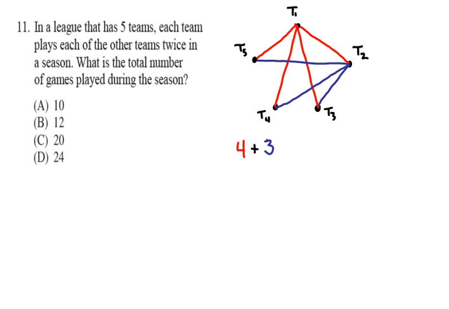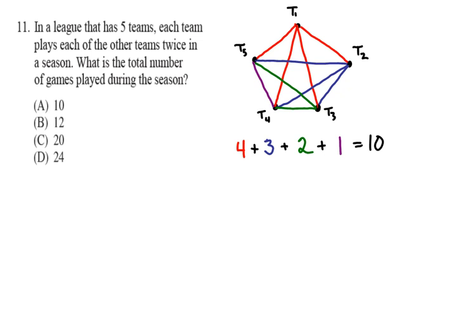Then team 3 plays team 4 and team 5, since they've already played team 2 and team 1, so we add 2 more games. Finally, since team 4 has already played team 3, team 2, and team 1, they just need to play team 5, so we add 1 more. And what that comes out to be is 10.